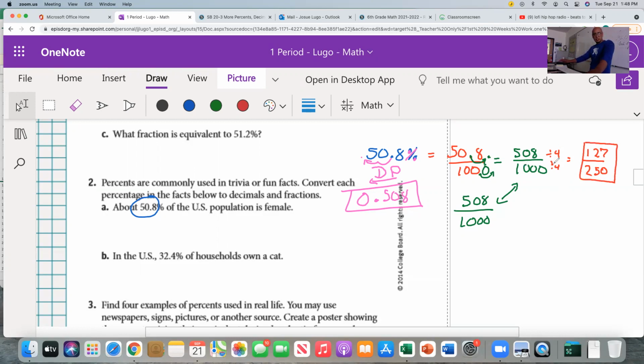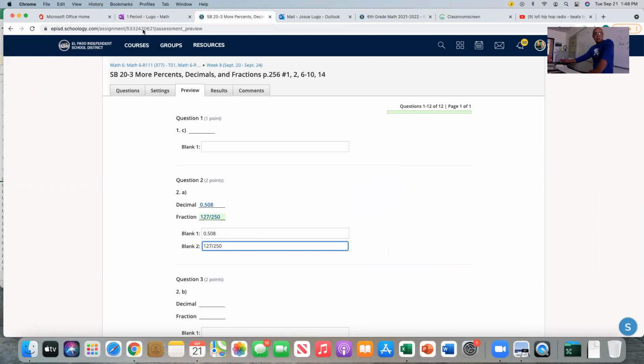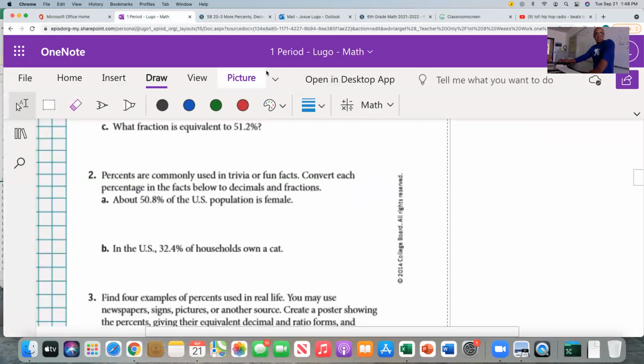So again, just divide by 2 and then divide by 2 again, and that leaves me 127 over 250. That would be the answer to blank 2, which is 127/250.